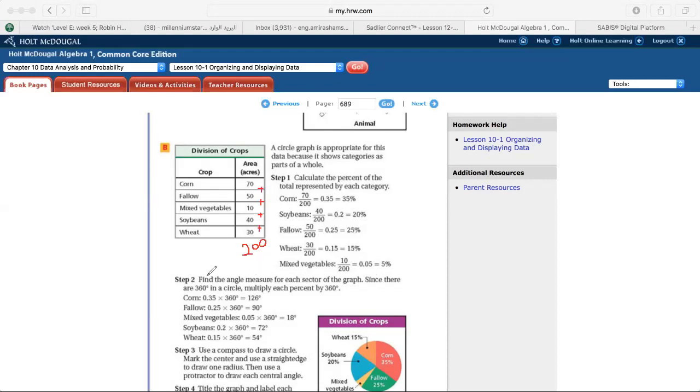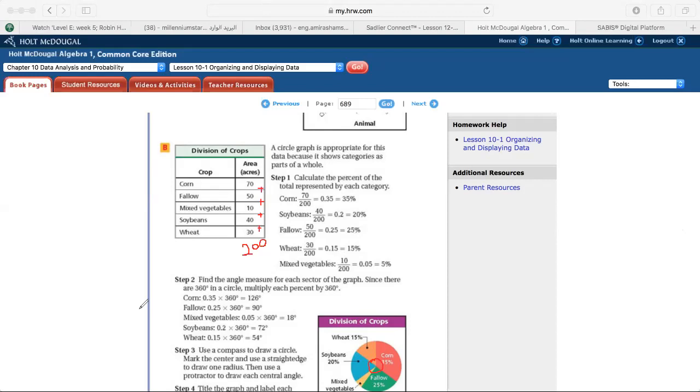Since there are 360 degrees in a circle, look here, this is all 360. In a circle, multiply each percent by 360. So the corn is 0.35 multiplied by 360, so I got 126 degrees.